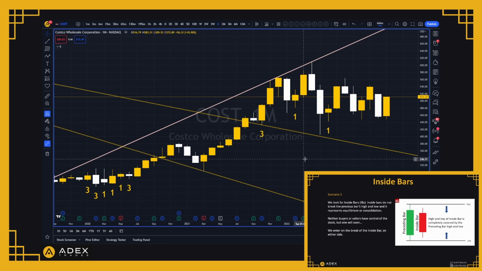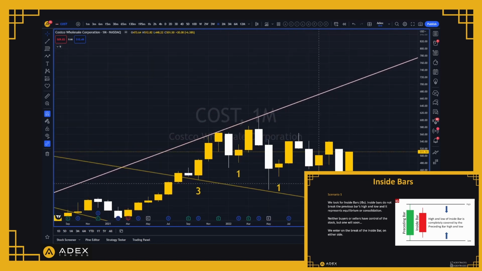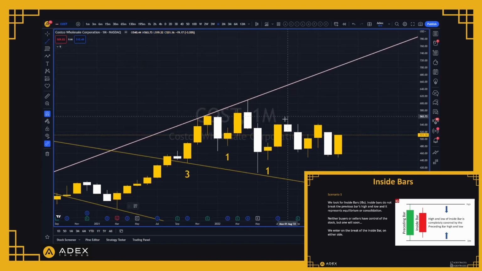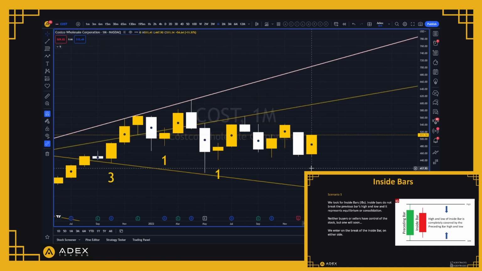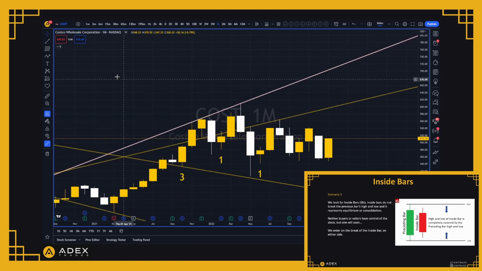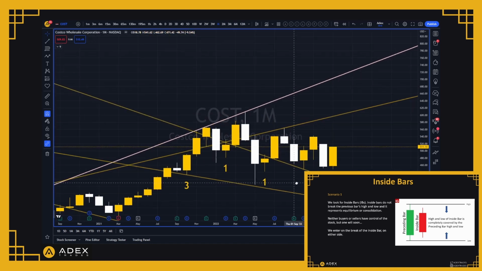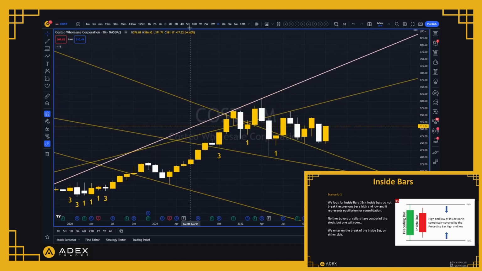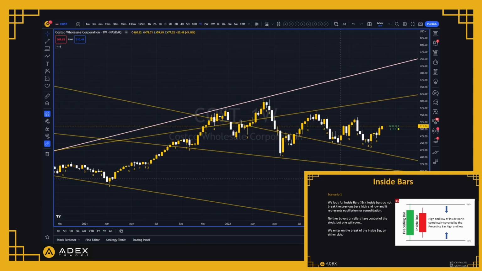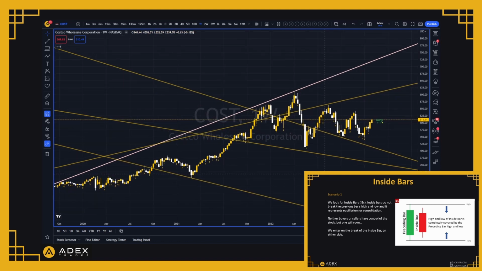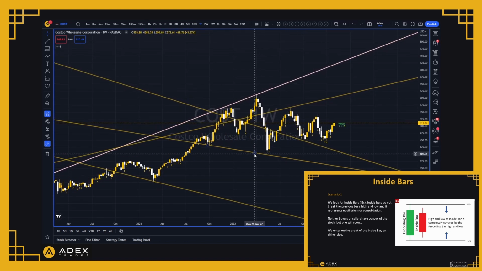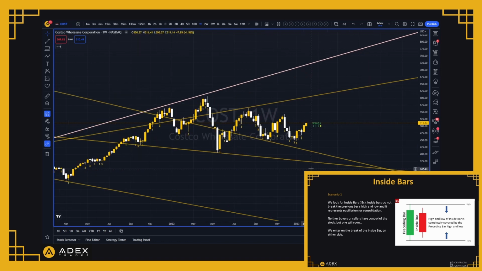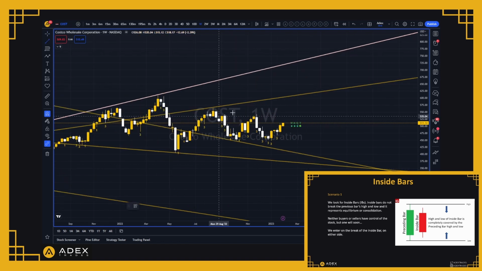Broadening formation. Broadening formation. Broadening formation. Okay. So far I have the monthly broadening formations. Then I go to the weekly. Broadening formation.